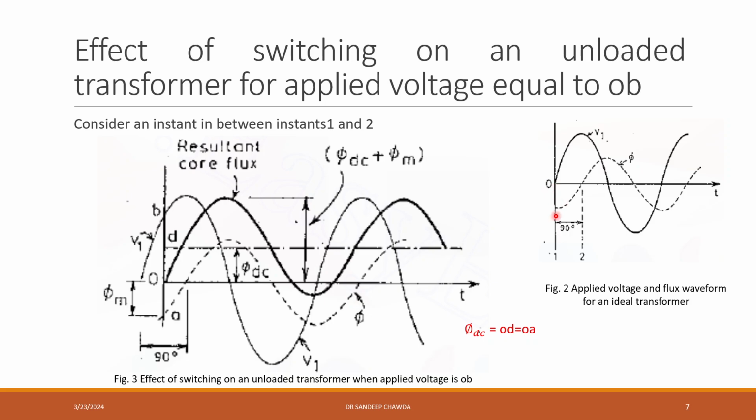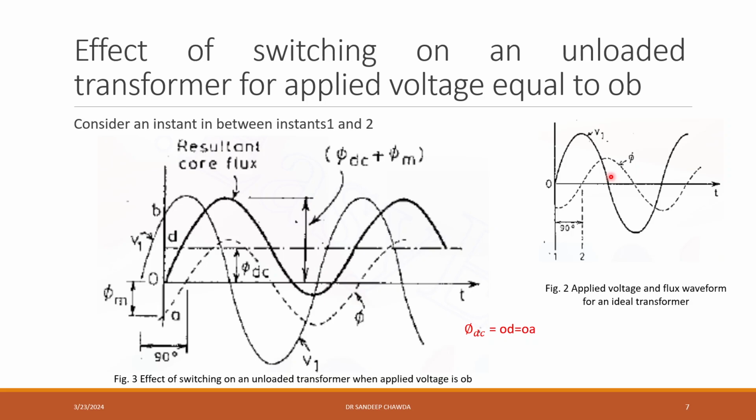But here the value which is demanded is the negative maximum value. So the transformer has to generate this particular value, that is phi m. It must be produced by the transformer. So ultimately the resultant flux will be given by phi dc minus phi m cos omega t.